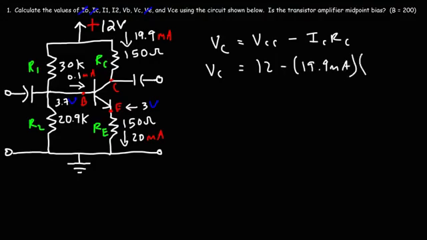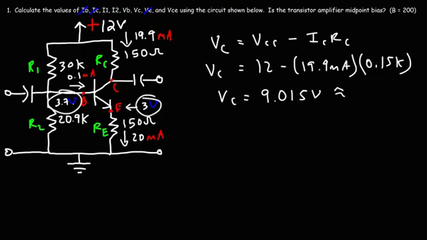The collector resistance in kilo ohms is 0.15 kilo ohms. So it's 12 minus 19.9 times 0.15. And so VC is 9.015 volts. We can approximately say that's 9 volts because for these two, we've rounded it to the nearest tenth, at least for VB. So rounding this to the nearest tenth, that's 9.0, which we could say it's 9 volts. So I'm going to put that here.